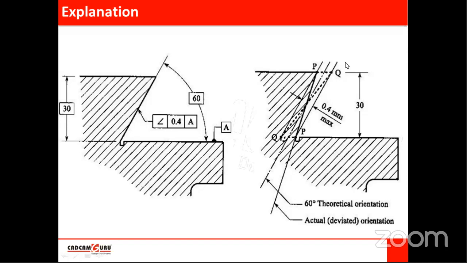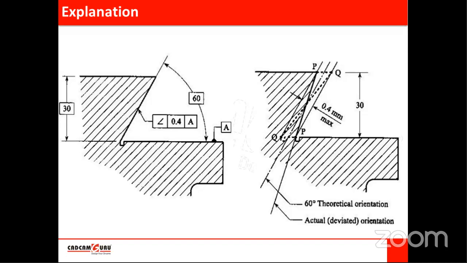And what is its meaning? The distance between this outermost point and this innermost point, point P and point Q. Okay, this distance should be maximum 0.4 mm because it is mentioned in the feature control frame. Okay, so this should be maximum 0.4, or that should be less than 0.4. If it is more than that, then the part will be rejected.